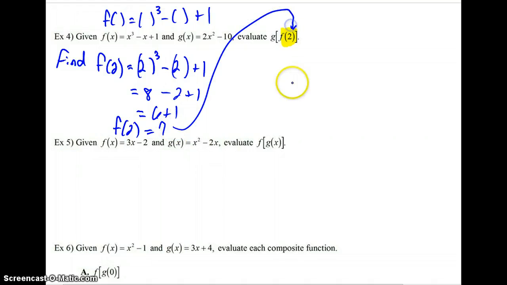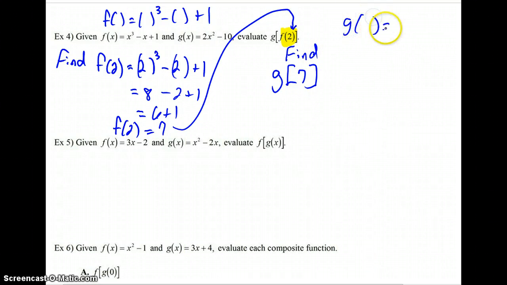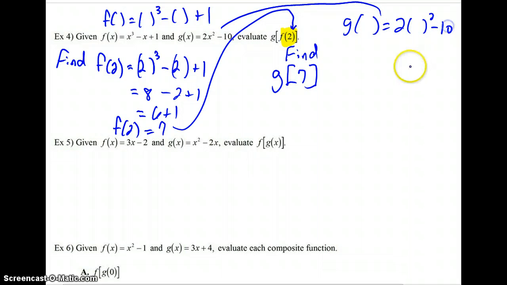What does that really mean? What I've highlighted in yellow is really a 7. Now we have to find g of 7. Well, look, g of a blank is equal to 2 blank squared minus 10. So if I'm finding g of 7, I am going to put a 7 wherever I see a blank.